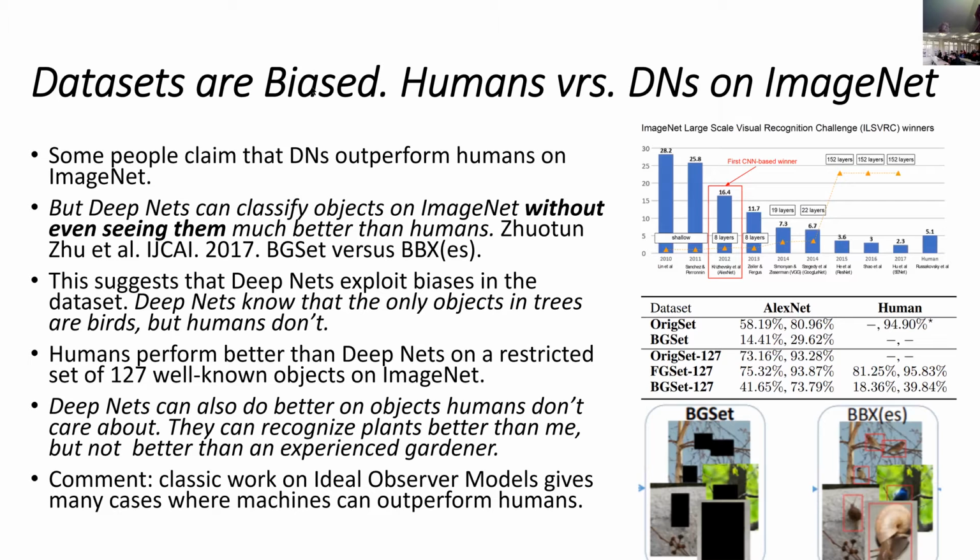Now, an example of bias is human performance versus deep networks on ImageNet. So people put up these slides of the performance of algorithms on ImageNet. The first two performance levels are before deep networks were used. Performance jumped enormously once you had AlexNet here.